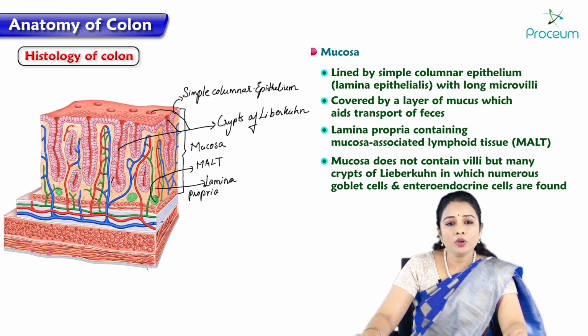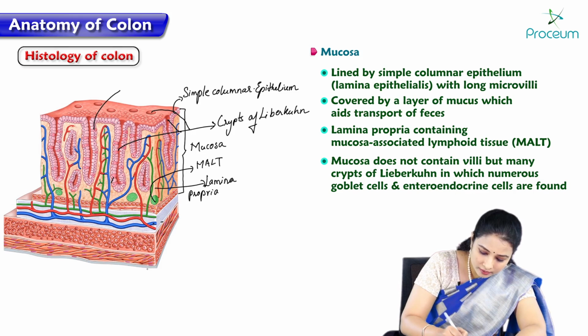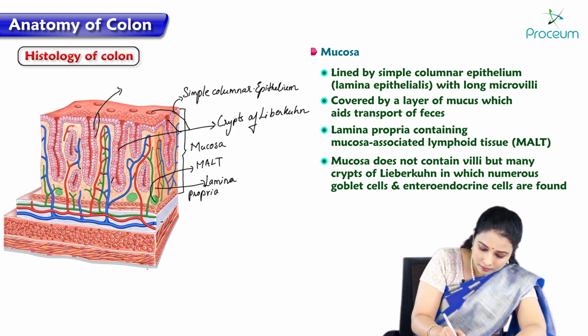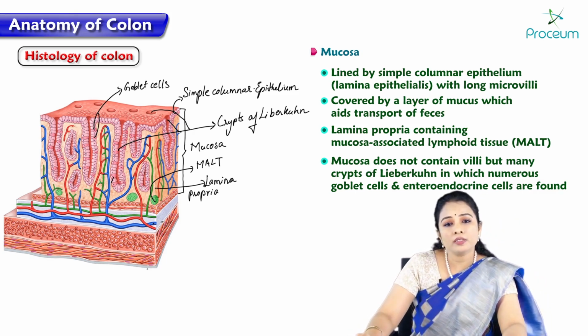With numerous goblet cells interspersed along with the columnar cells. So, the empty, pot-like cells are all goblet cells. And along with the goblet cells, enteroendocrine cells are also found, which are similar to columnar cells.